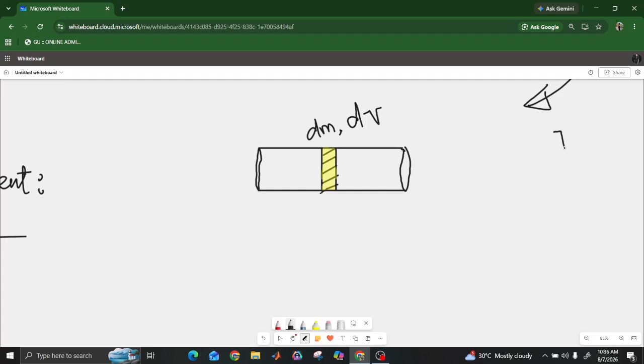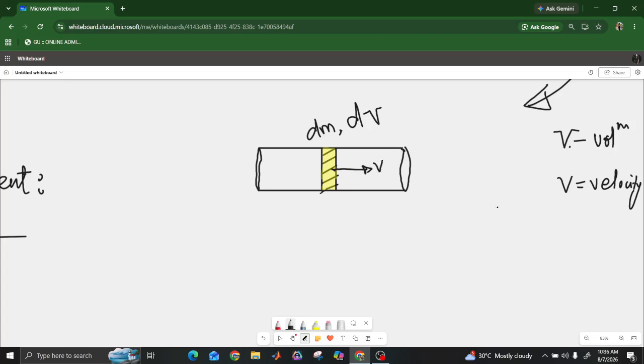Whenever I write V like this, it's volume. And whenever I write a simple v, it's velocity. Now I hope I'm clear with that. So we consider a very small element, dm, which has a volume of dV, and it has a velocity of v.